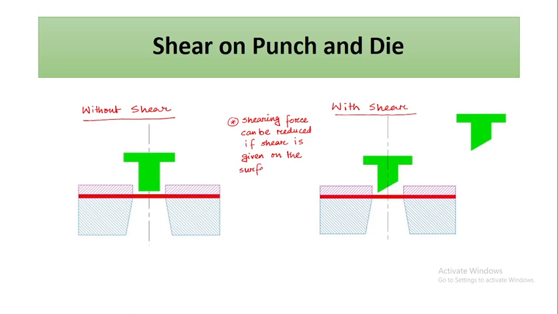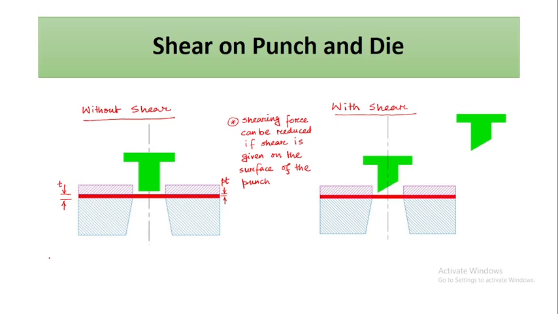Okay, so let's check what is the maximum force required in this case. This is the total thickness of the sheet, and this is the penetration required. We are writing it as P into T, the penetration required for the rupture.